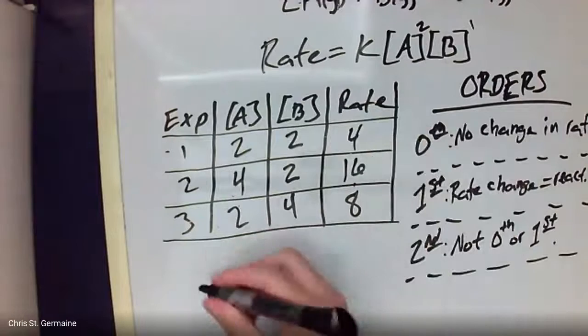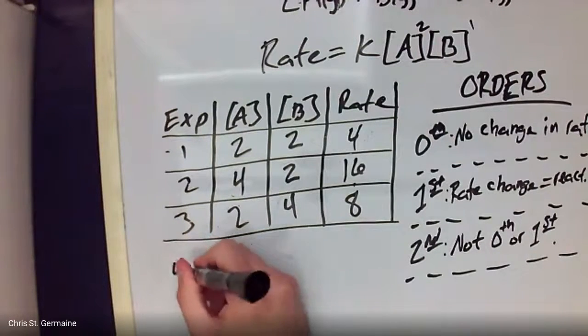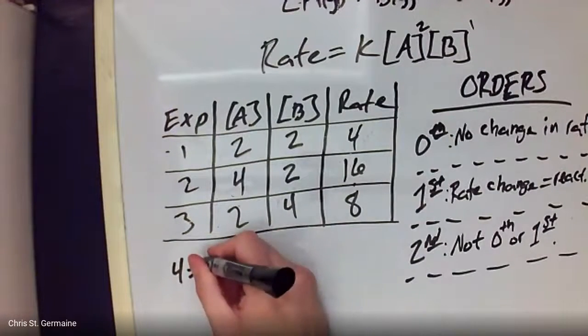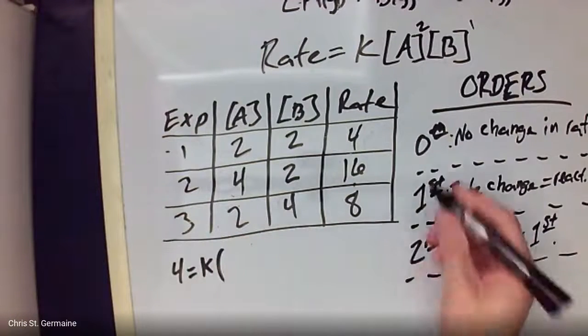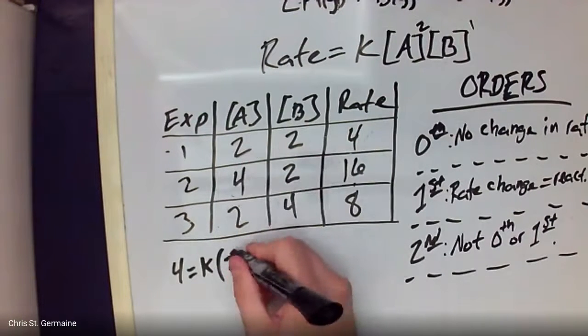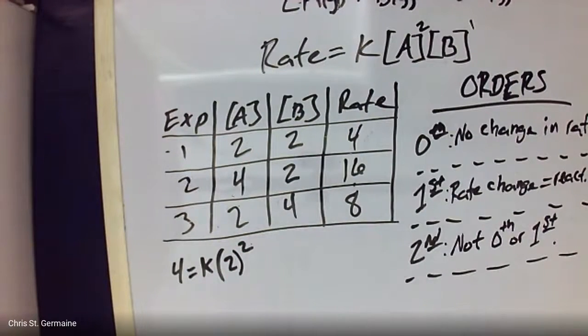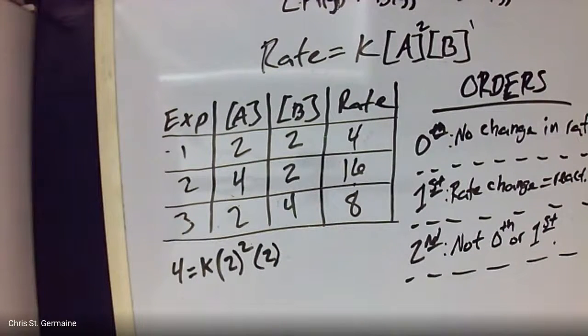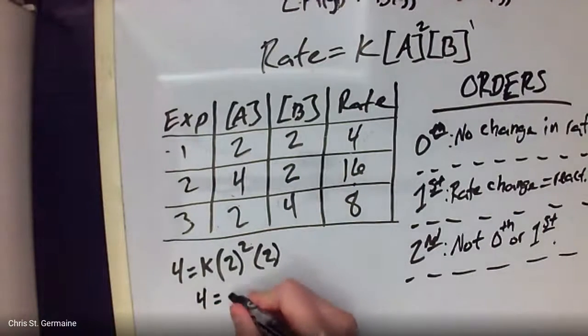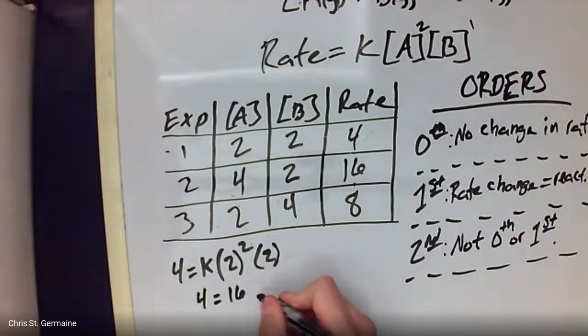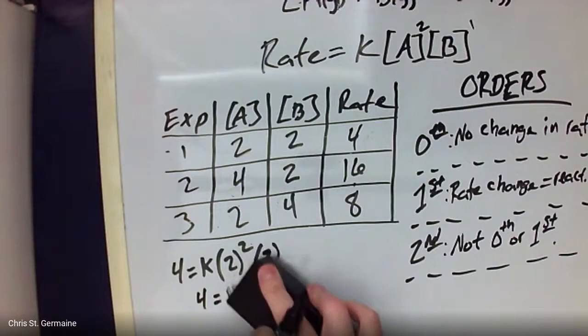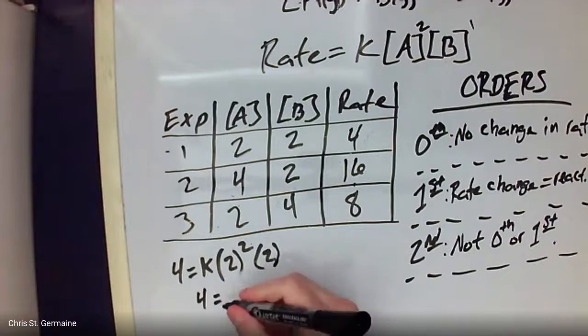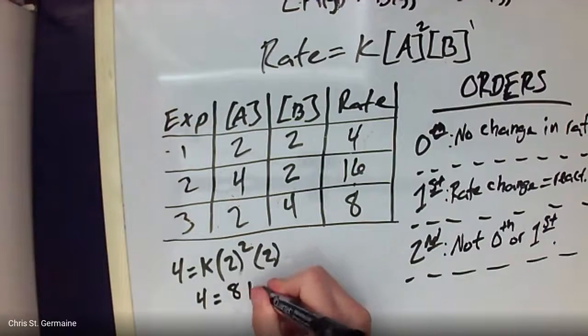So rate is 4. So 4 equals K times A, which is 2 and needs to be squared, times B, which is 2. So 4 equals, what is that, 16K? No, 8. 8K.